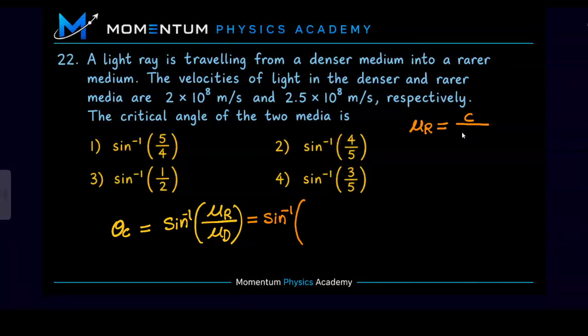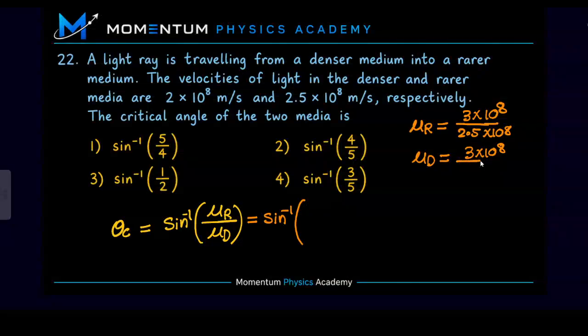So how much is this mu r value? That is c by the velocity in the rarer medium, which is high, 2.5 into 10 power 8. C means 3 into 10 power 8. Next, mu d, how much? That is 3 into 10 power 8 by 2 into 10 power 8.